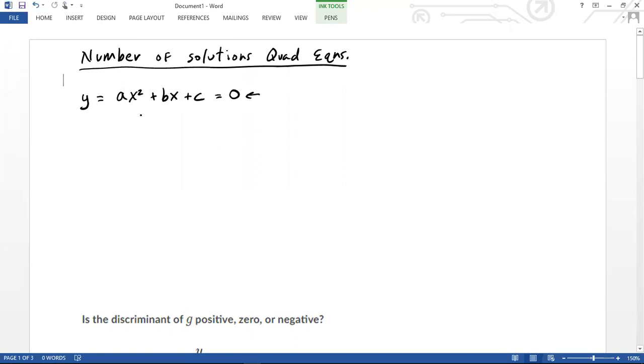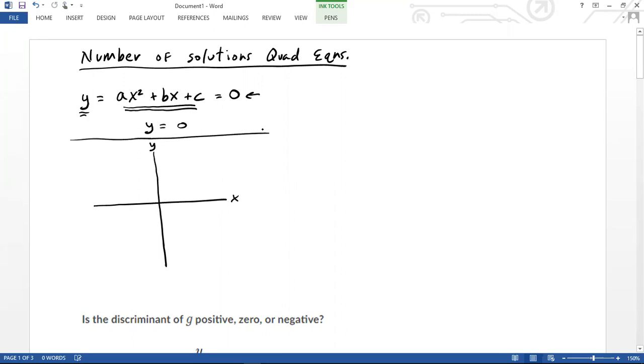So basically, when you're using the quadratic formula and you're setting this whole thing equal to 0, but this whole thing equals y, you're actually setting y equal to 0. Now if you have a graph, the right-left is the x-axis, and the up-down part is the y-axis.